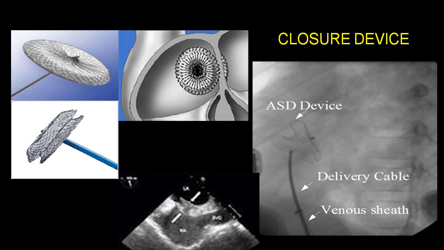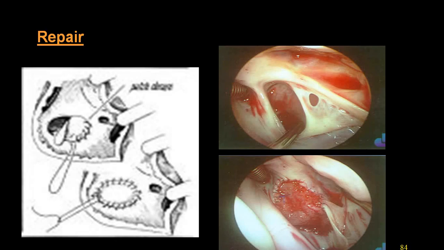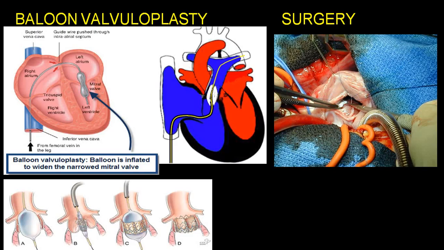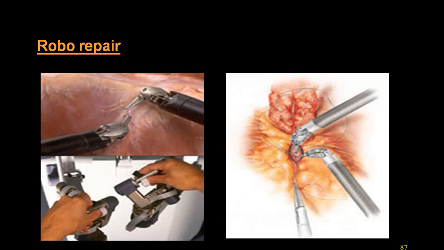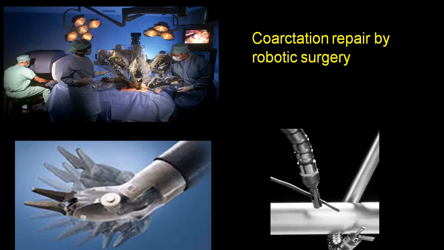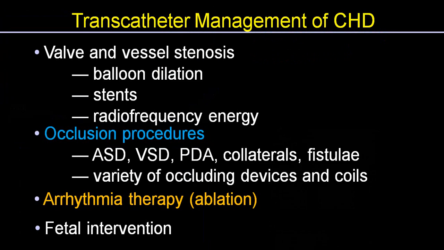These are all the different devices which you can utilize in a newborn. You can have an open repair, you can have a balloon valvoplasty in stenotic lesions, balloon atrial septostomy you can go for in some lesions where it will be very helpful. Nowadays, there is availability of robotic surgery, which is again becoming what we call minimal invasive surgery, etc. All this you can utilize.